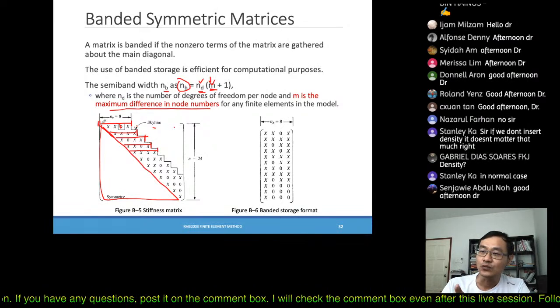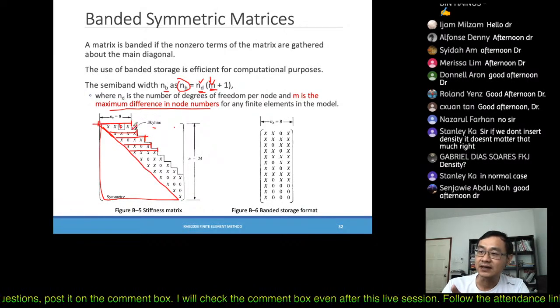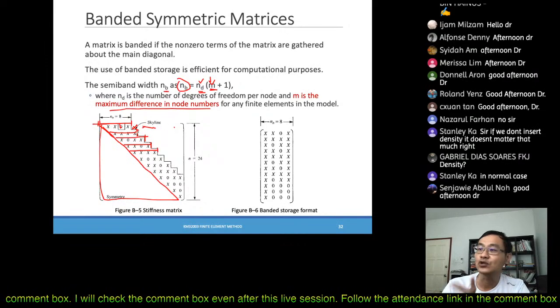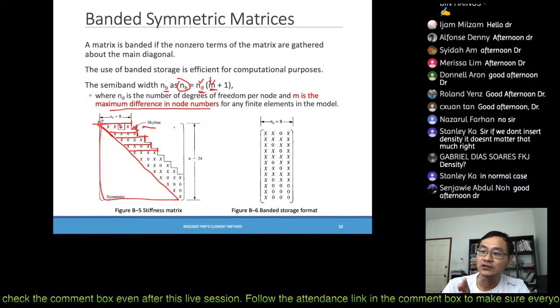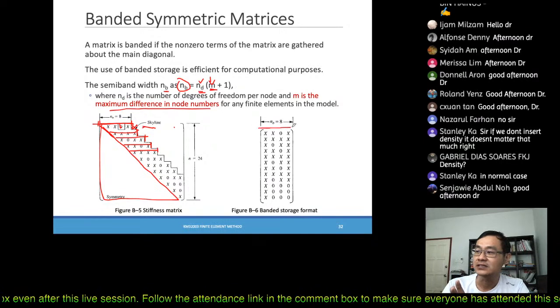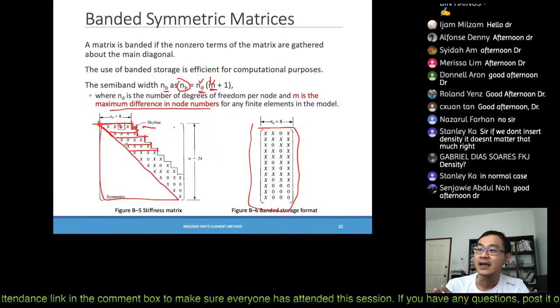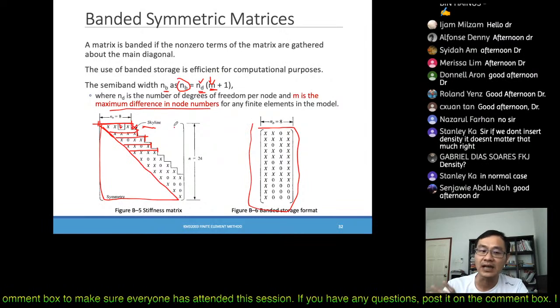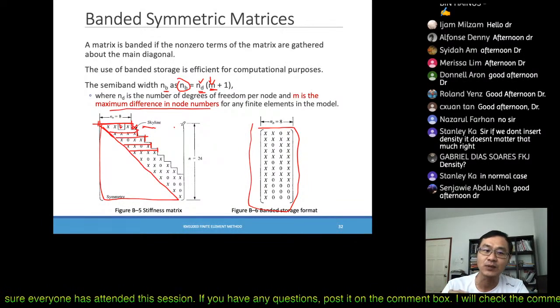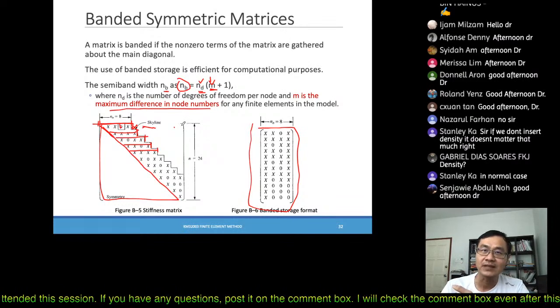So once we can form this, the rest of the zeros are not important. So what we do is we only store this part, in this form. Now it is much more compact as compared to a large number of zeros, especially when you have a large number of elements.